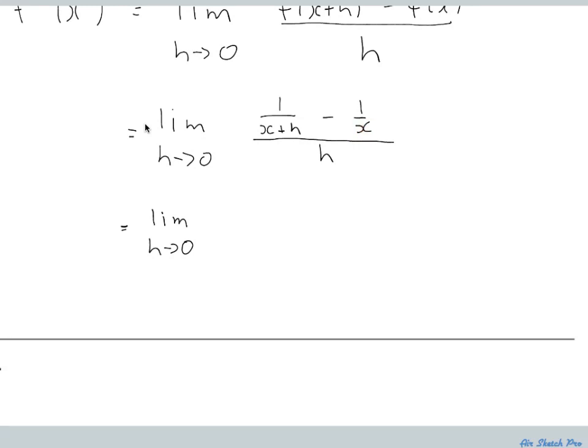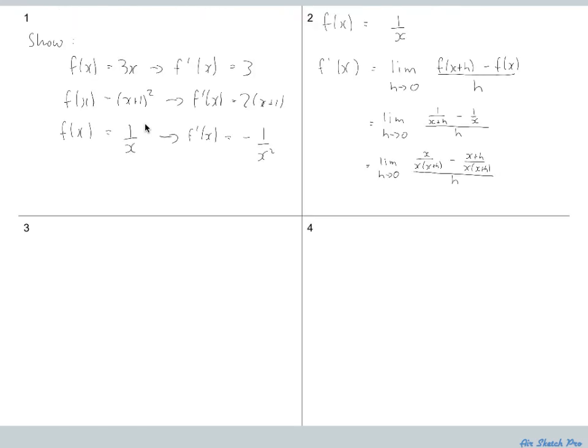So I end up with x on x times x plus h minus x plus h on x times x plus h all over h. Is that okay? Let's simplify the top there.